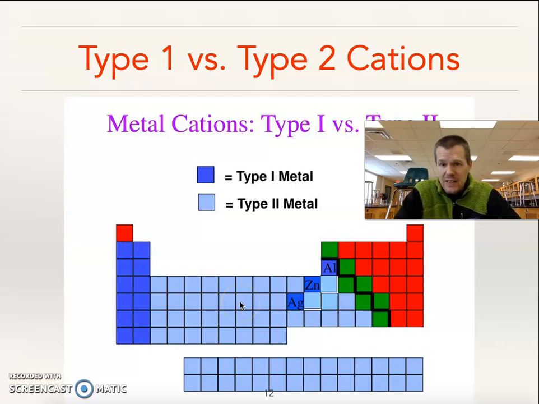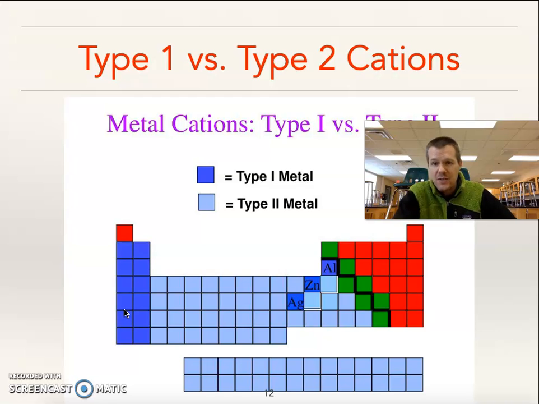Now, the metals are divided up into two categories. There's the dark blue and the light blue, and here's the difference. All the dark blue metals are type 1 because they have constant oxidation number. All right, there's another $10 word. What's an oxidation number? It's charge. So for example, the alkali metals in the first column always make a charge of +1.